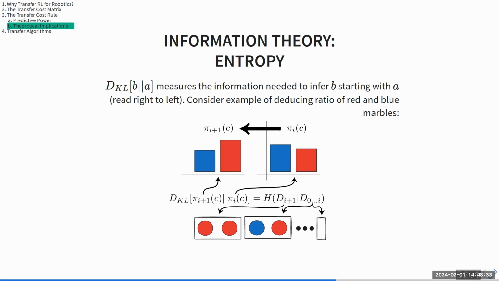So this example is the classical task of: I have a jar of marbles, I pick out a marble, I look at the color, and I want to eventually estimate, from sampling with replacement from that jar, what the ratio of red to blue marbles is in that jar. So you might have a distribution pi_i after sampling batches.